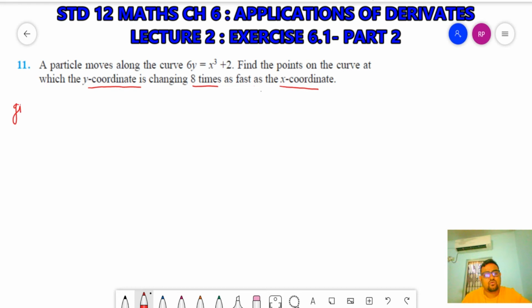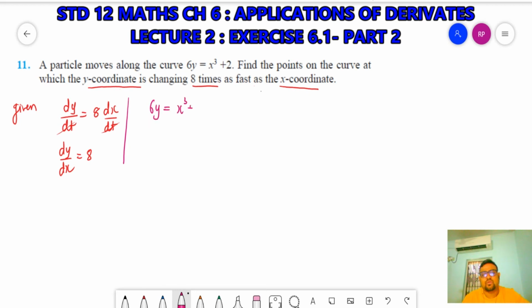I will write down the given thing: dy by dt is equal to 8 times dx by dt, since the y coordinate is changing 8 times as fast. So I can write dy by dx is equal to 8. Now it is given that the curve is 6y equal to x cube plus 3.